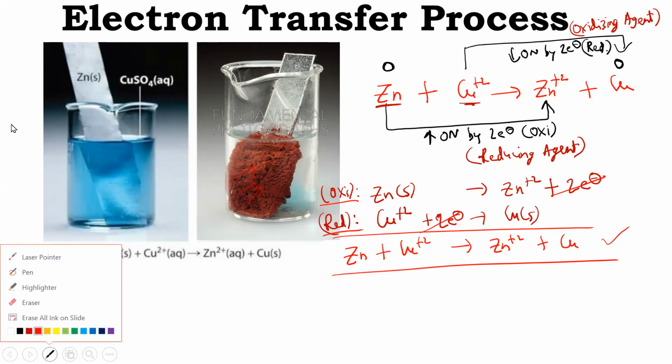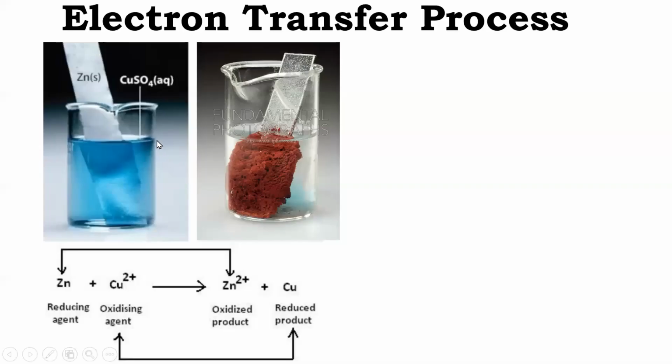Now the role of this reactivity series is also very important. That will tell you whether a displacement reaction will take place or not. So I hope you have understood this reaction. Now at least you should know how to represent the oxidation reaction and the reduction reaction.